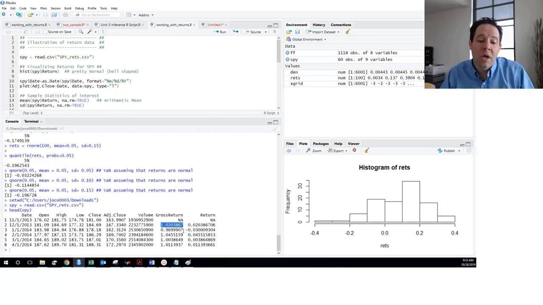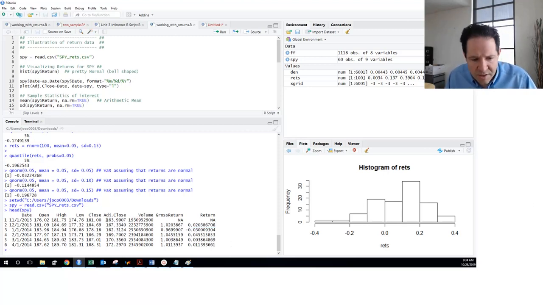That gives you how returns accumulate over time. Subtract 1 from that to get the return. That's in fractional units. If we multiply that by 100, these would be percentages. So this number here indicates a 2.03% increase in the price of the S&P 500 index fund.